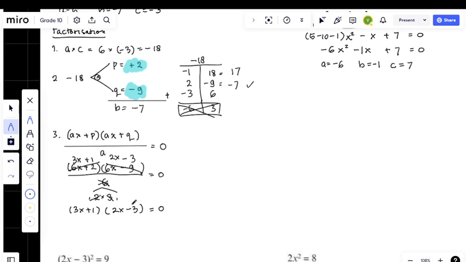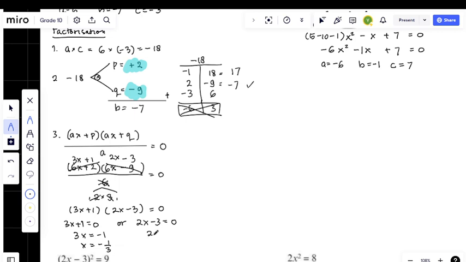So then we can find that 3x, sorry, 3x plus 1 should be 0, or 2x minus 3 has to be 0. Be careful with this. Yeah, it's still a bit long way to go. A bit of algebra. 3x is 0 minus 1, so it's minus 1. Then the x is negative 1 over 3.